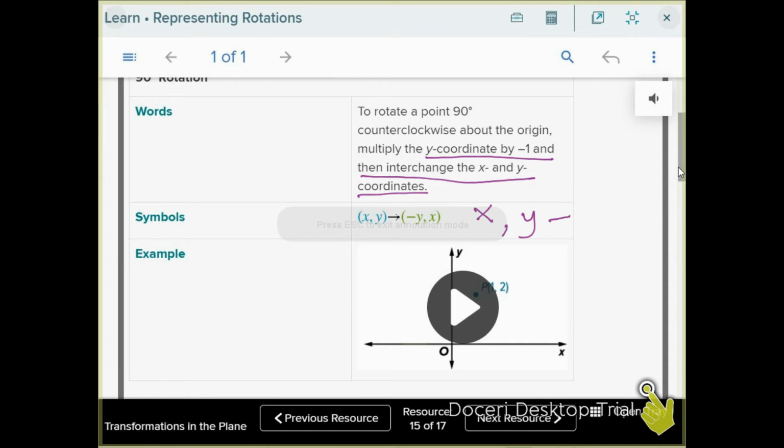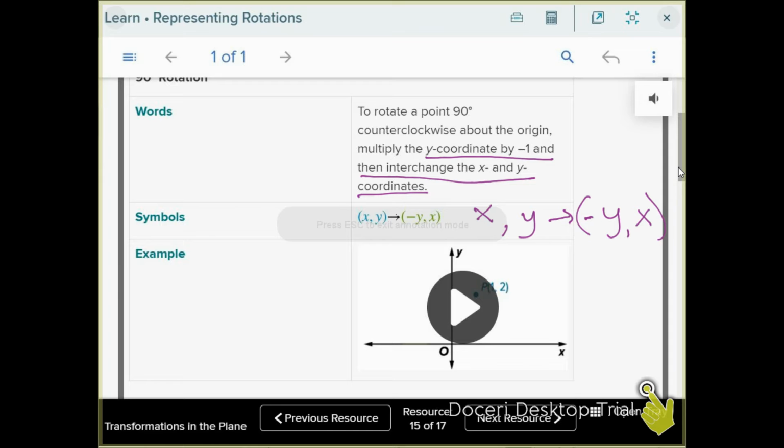First, when I make my new point, I'm going to multiply my y value by -1. So instead of y, it'll become -y. The second thing it says to do is to interchange or transpose x and y. So as far as the numbers are concerned, it will look like -y, x when we're done.